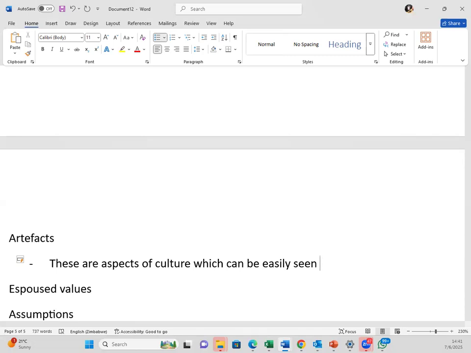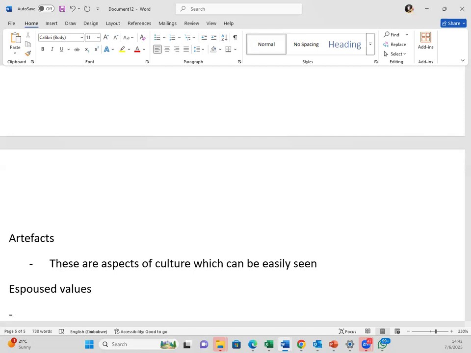You get to a place, you can see how they dress. You don't need to ask how these people dress. Those are the artifacts.